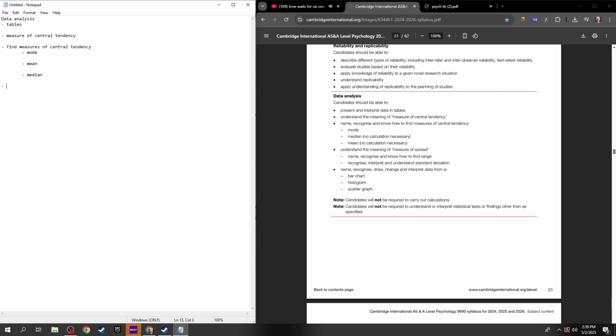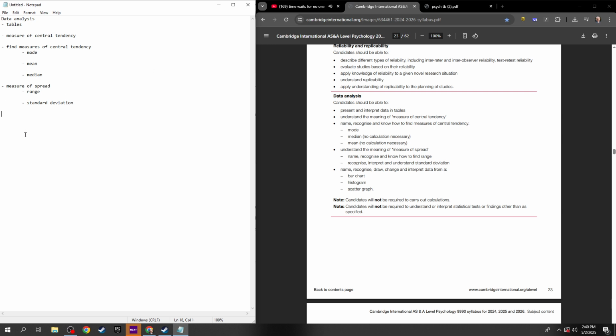And then we have measure of spread. Name, recognize, and know how to find the range. Standard deviation. You have these ideas here.